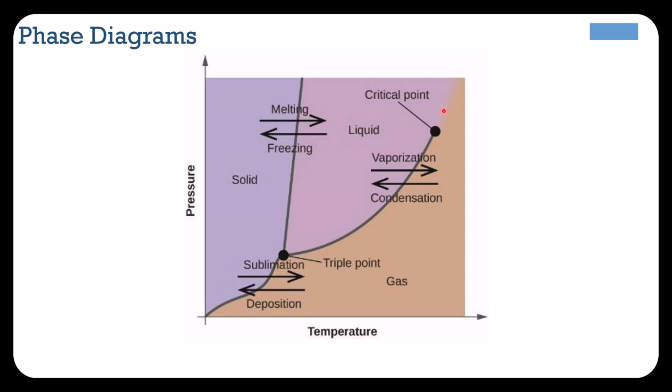We call this the supercritical fluid up here. Past the critical point, things get fuzzy. There's not a clear line anymore. So just familiarize yourself with those different points on the diagram.